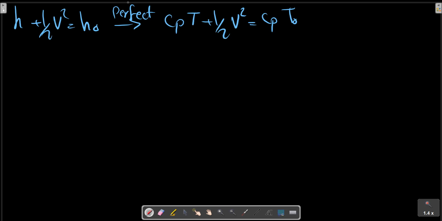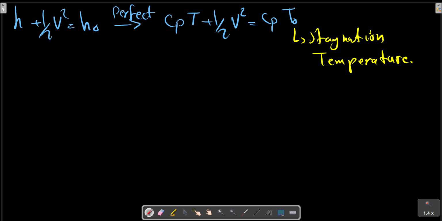Stagnation temperature is the temperature achieved when the flow is brought to rest adiabatically.